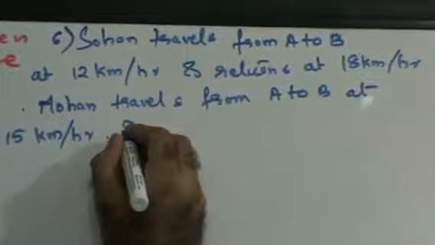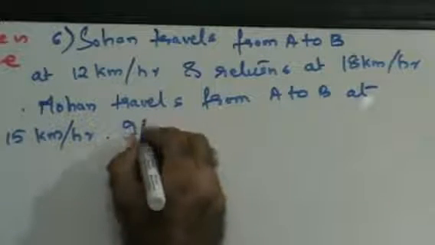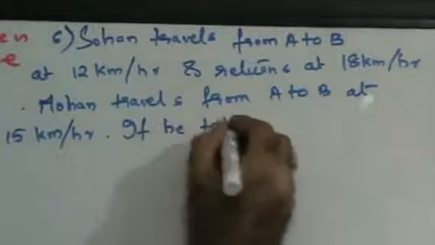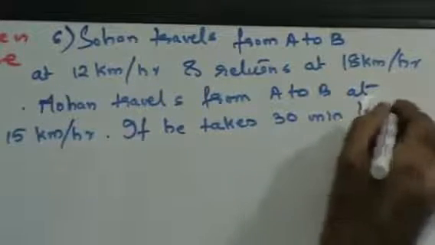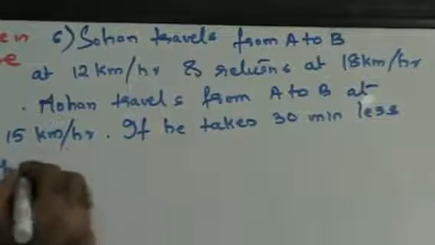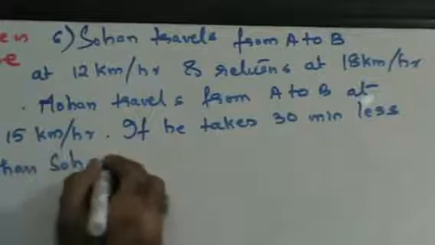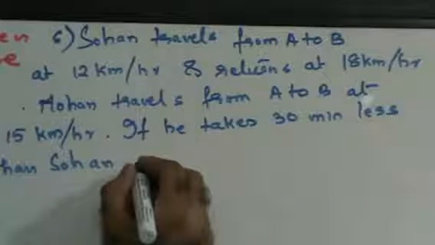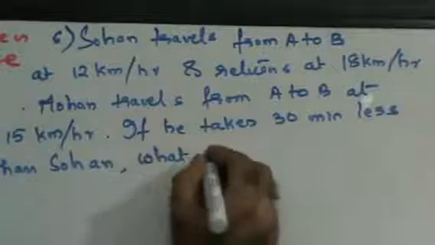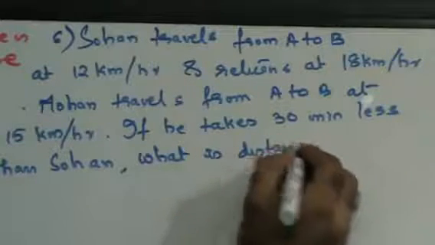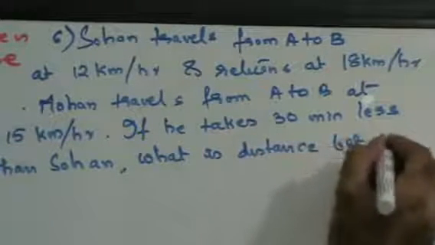If he takes 30 minutes less than Sohan, then what is the distance between A and B?